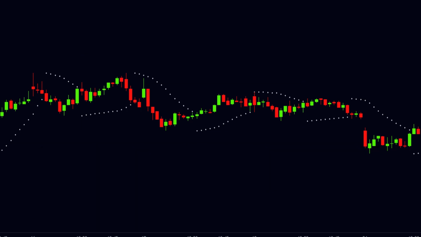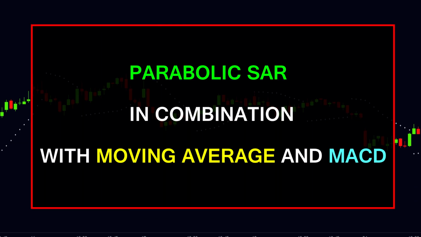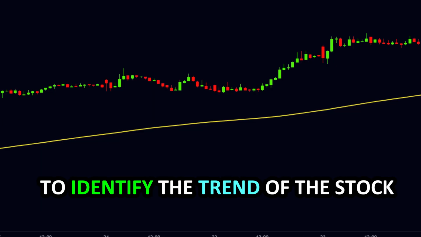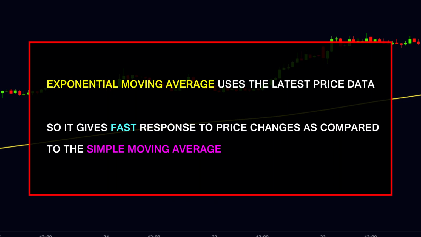In our strategy, we will use Parabolic SAR in combination with moving average and MACD. Moving average is very significant indicator to identify the trend of the stock. Exponential moving average uses the latest price data, so it gives fast response to price changes as compared to the simple moving average.